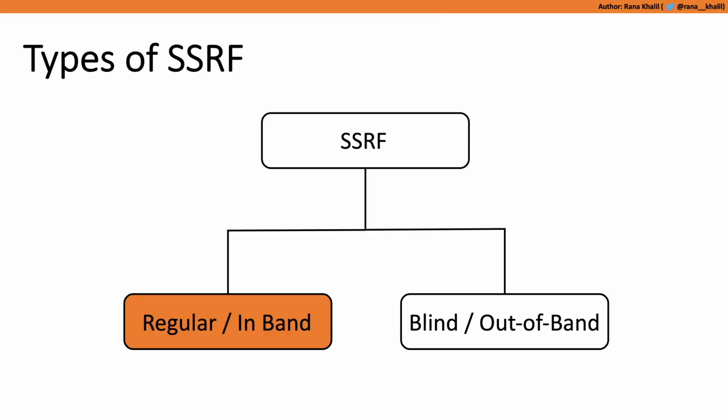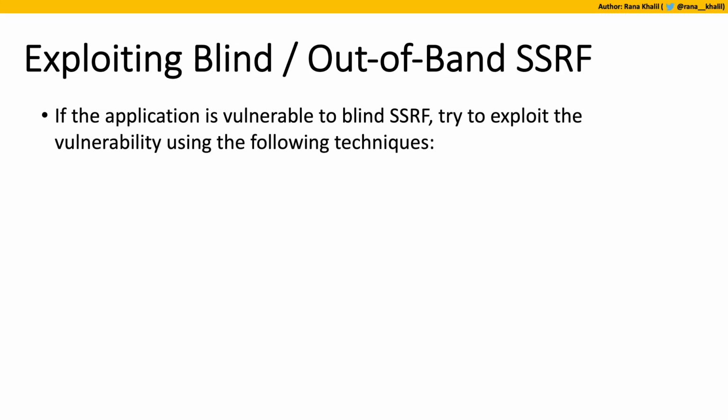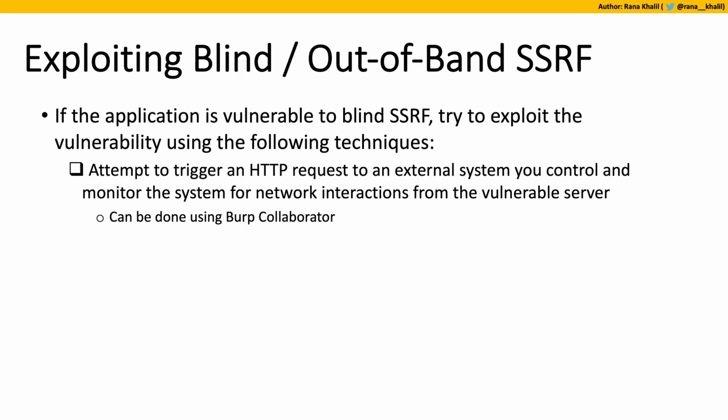Alright, so we talked about how to exploit regular or in-band SSRF vulnerabilities. Now let's discuss how to exploit blind or out-of-band SSRF vulnerabilities. Now, as mentioned in the previous slides, this vulnerability is called blind because the response to the URL you requested is not displayed back to you in the application. And so just by definition of how this exploit works, what you need to do is attempt to trigger an HTTP request or a DNS request to an external server that you control.